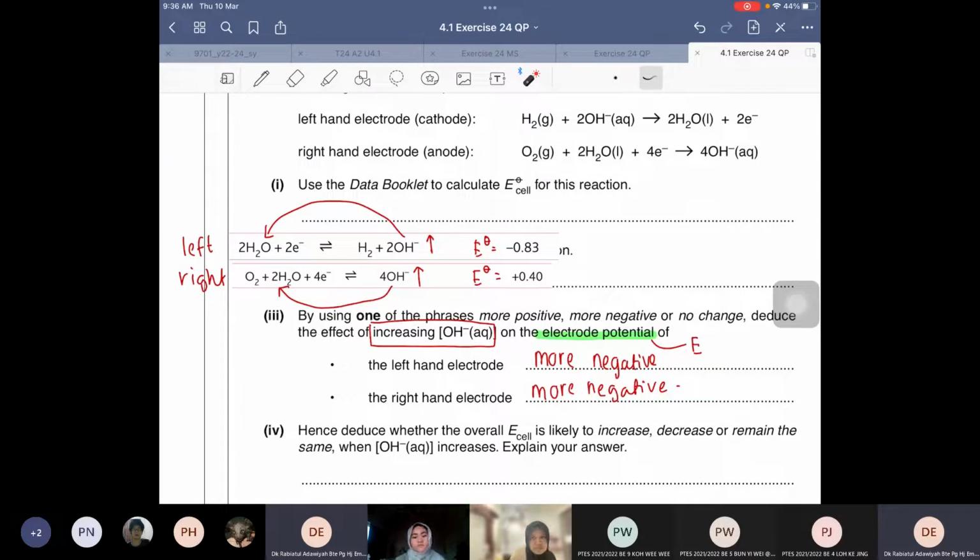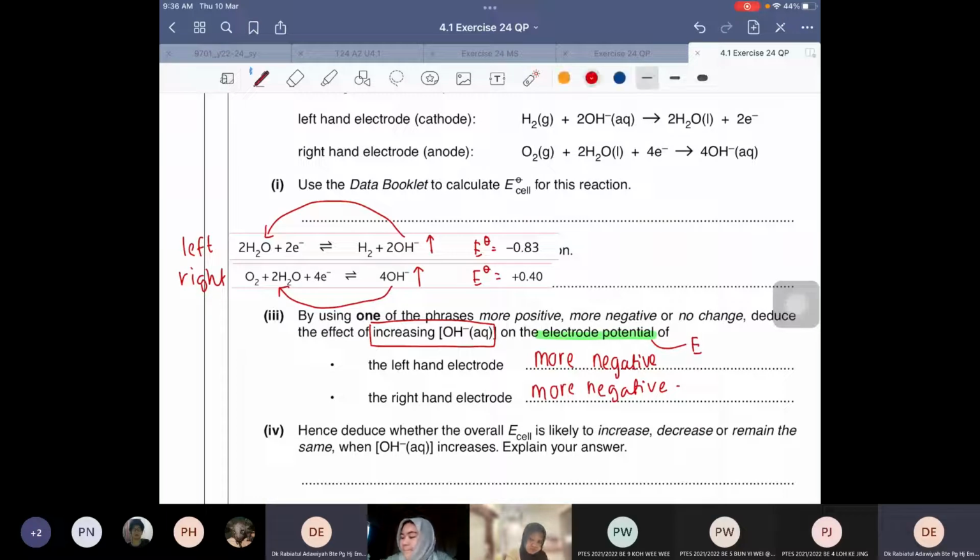However, don't forget that on the left hand side, what's actually happening is you are taking the oxidation process. Okay, so oxidation process means you are taking the opposite value. So if your E note is becoming more negative, the E note of oxidation is now becoming more positive.